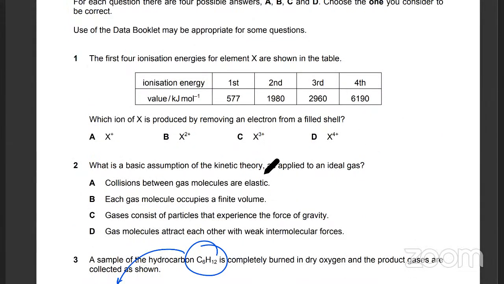So I've got this one. What is a basic assumption of kinetic theory as applied to an ideal gas? Which one is the correct one? Their collisions are elastic. A. The first one is correct. This one is obviously wrong.